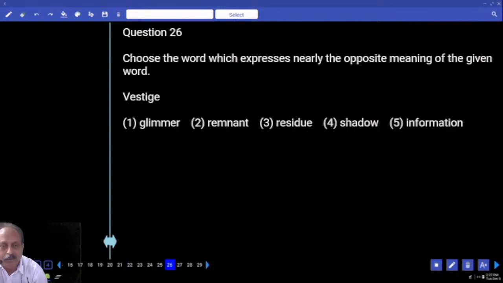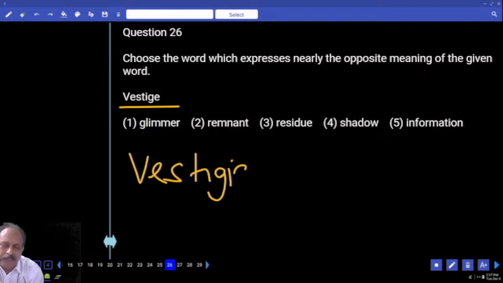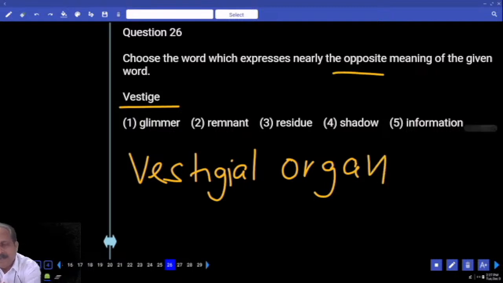What are these about? Opposite in meaning, and these also, let us see, vestige. But write one expression. Vestigial organ. Does it sound familiar? But they want the opposite. A remnant means the same, residue the same, shadow not. Answer is information.